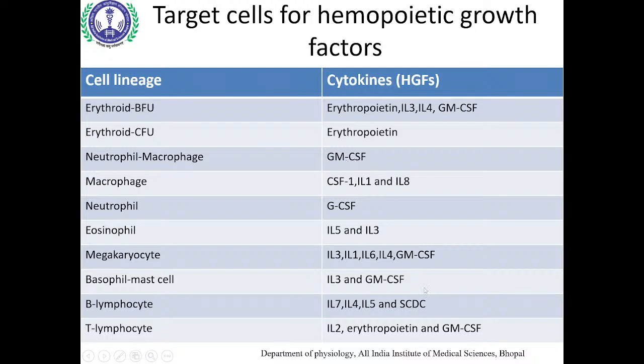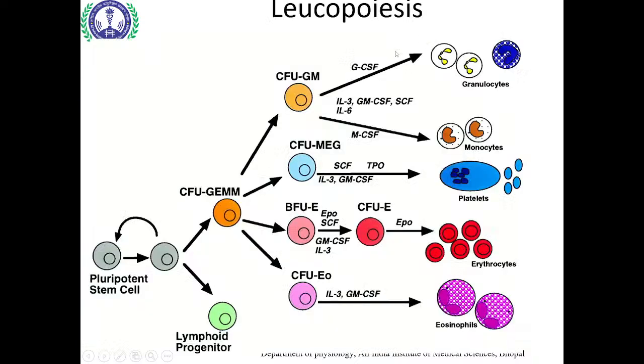So these are the different cytokines which are important for growth of the different lineages of the cells. And this is the complete flow chart. This is the flow chart which is expected from you when you are describing the formation of cells.